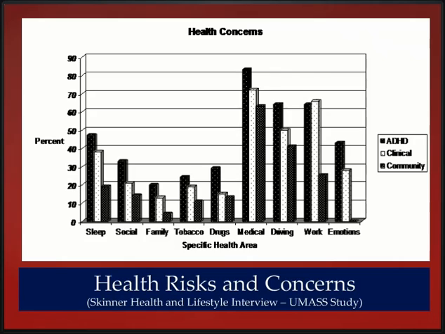Notice that both our ADHD and our clinical control group of adults both reported having difficulties in the workplace, and a significantly higher percentage of them were having such difficulties than you see in the general control group.